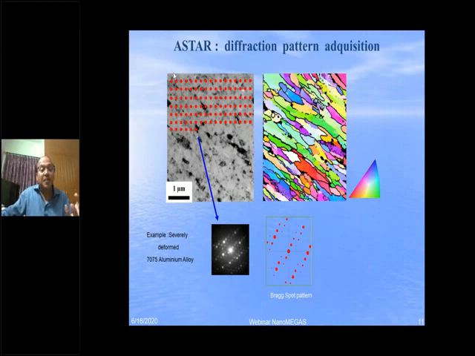Like that, you keep collecting patterns, and online you keep matching the pattern you get here. There is a database, so this pattern matching takes place online. That's why it's time consuming. Each experiment takes 3 to 4 hours or even more, on average 3 to 4 hours. So this pattern is matched and then given a color, and this we get in the TEM.